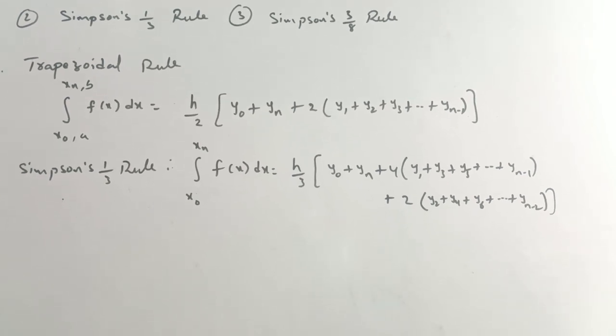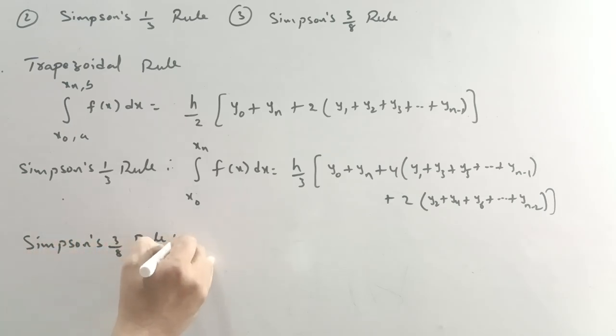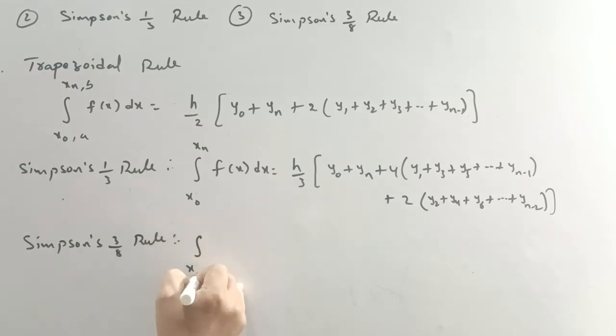Then the third one is Simpson's 3/8 rule. For 2 marks also, sometimes they will ask you to write the trapezoidal rule, Simpson's 1/3 rule or Simpson's 3/8 rule. So for the 3/8 rule, what is the formula?